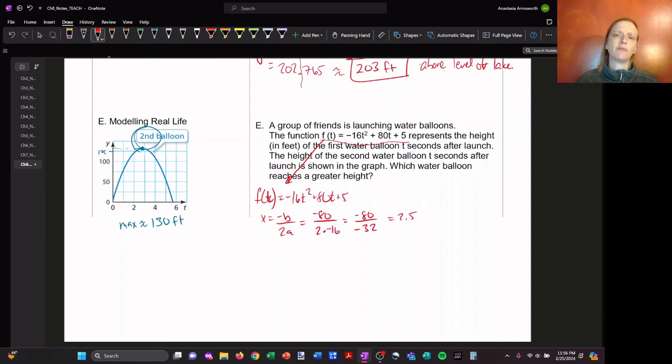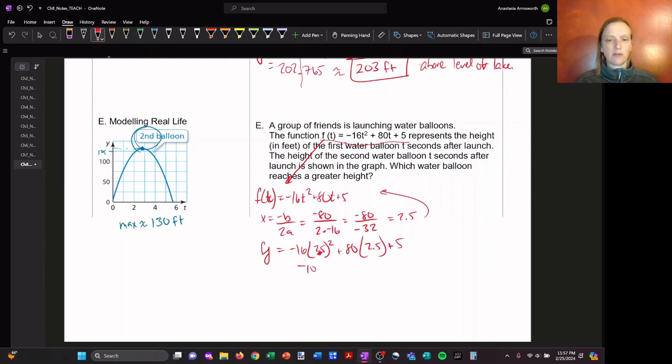And then I take that 2.5 and input it back into the original function, and I have that my y value equals negative 16 times 2.5 squared plus 80 times 2.5 plus 5.